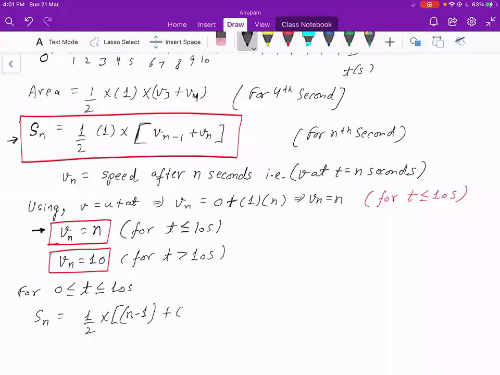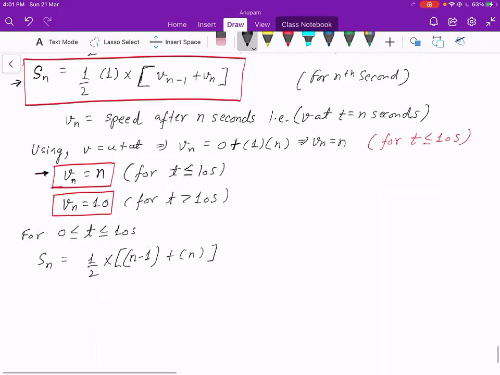And when I write Vn minus 1, what should I write? n minus 1 only, right? Okay, good. So my Sn, finally the formula comes out as 2n minus 1 by 2, only for t 0 to 10 seconds.